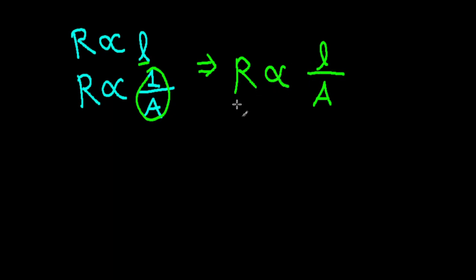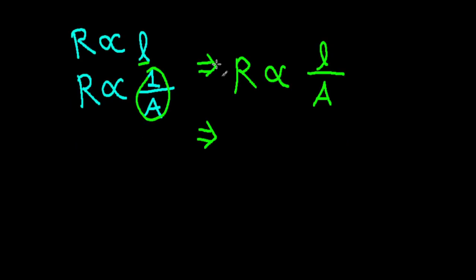Pretty neat. So we summarize this in a single relationship. Since it's a direct proportion, it basically means that your resistance is going to be equal to some constant times your length divided by your area.